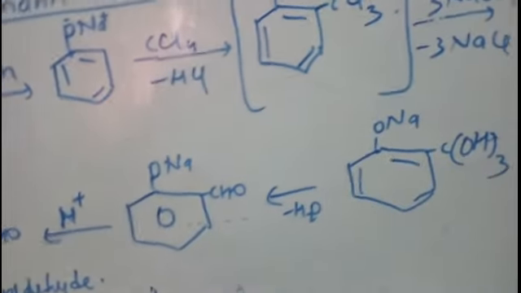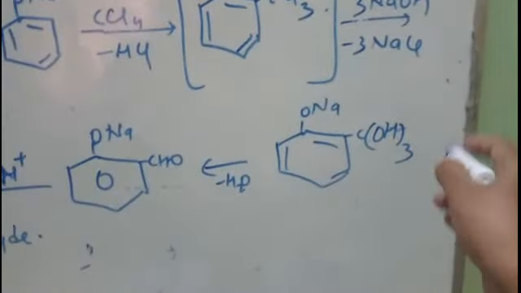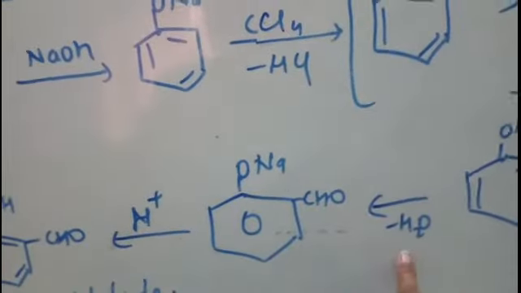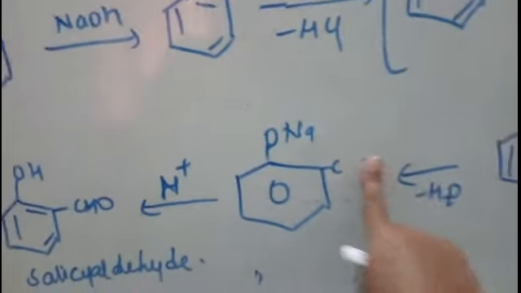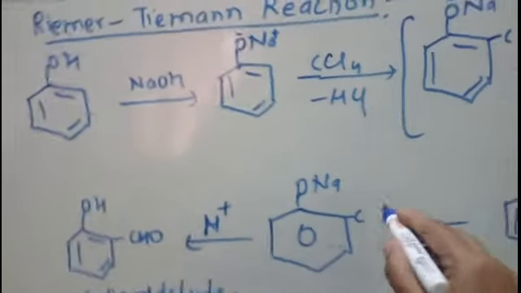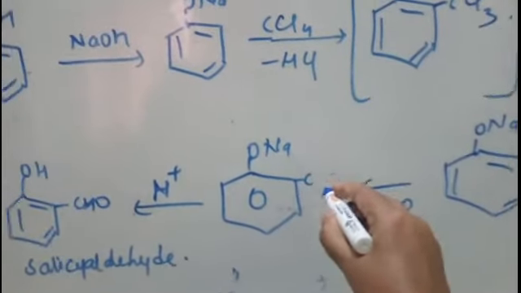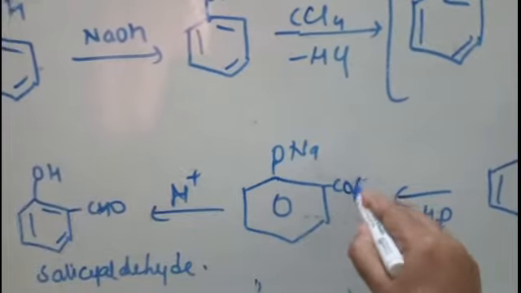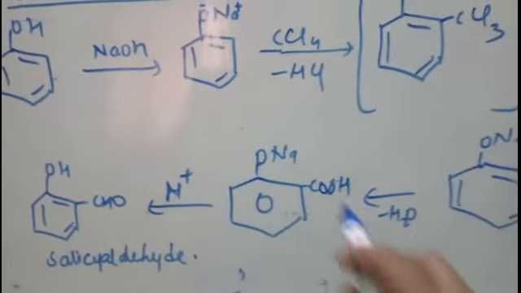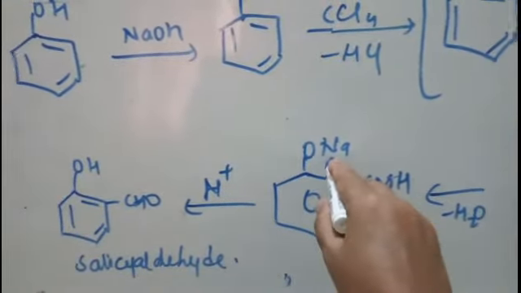Again there are 3 hydroxyl groups, it is unstable, so one water molecule will be removed, and actually COOH will be left.